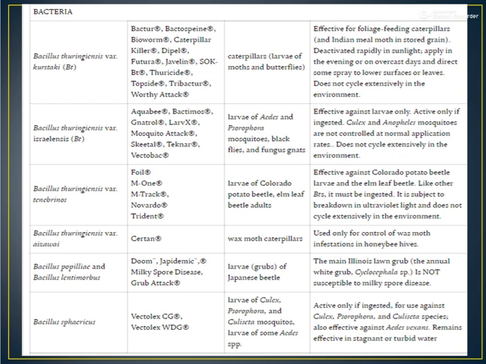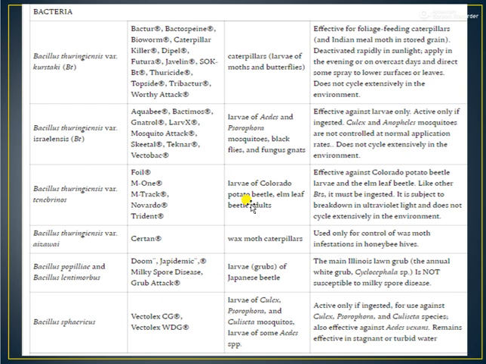The most common one is Bacillus thuringiensis, and it is available in the market under different trademarks, and it can act on different organisms, like different insects. For the control of caterpillars, the larvae of moths and butterflies, you can use it. Then the larvae of Aedes and other mosquitoes, black flies and fungus gnats.